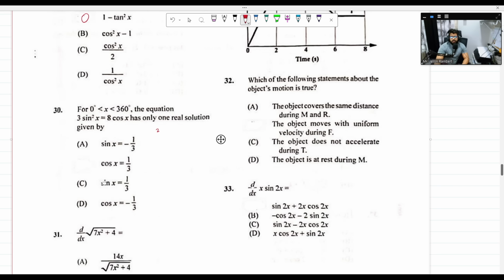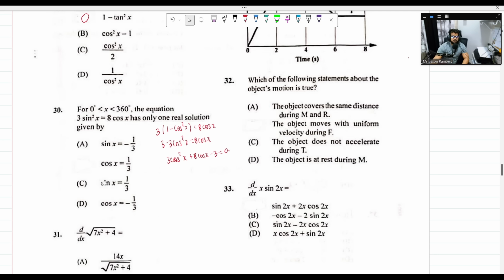So 3 sine squared x is going to be 1 minus cos squared x is 8 cos x. So 3 minus 3 cos squared x is equal to 8 cos x. Move everything to the right hand side. 3 cos squared x plus 8 cos x minus 3 is equal to 0.